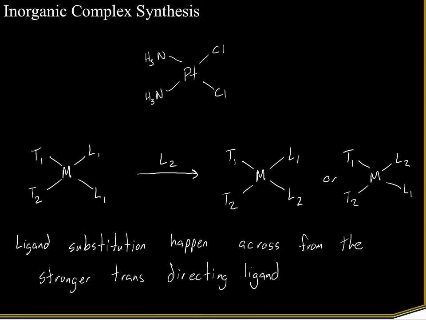Now, this is a circular definition, if you'll notice. It's saying it happens because we've observed it happens. And so this is actually an empirically derived list.